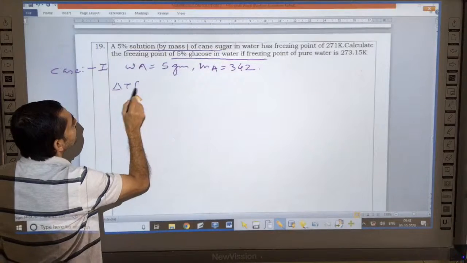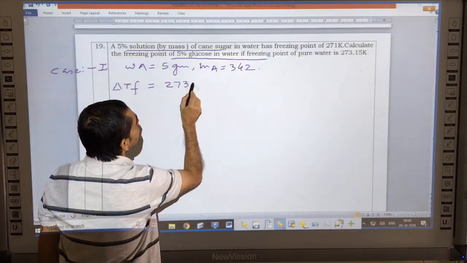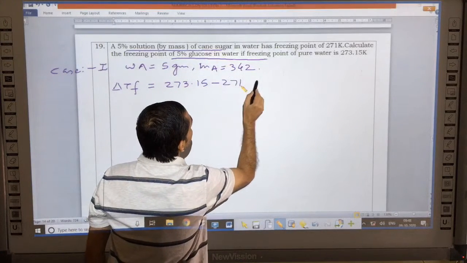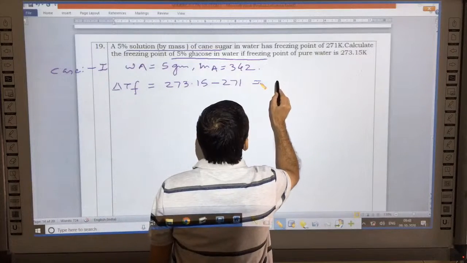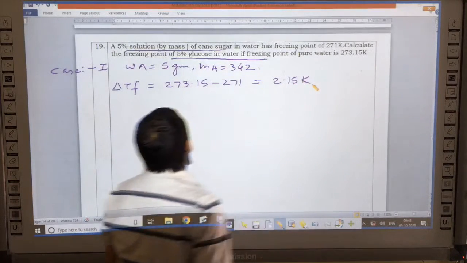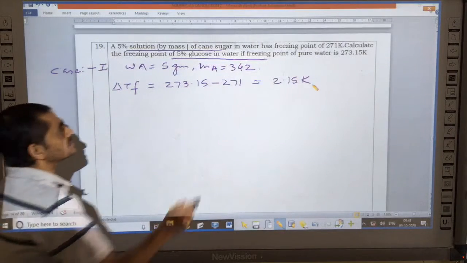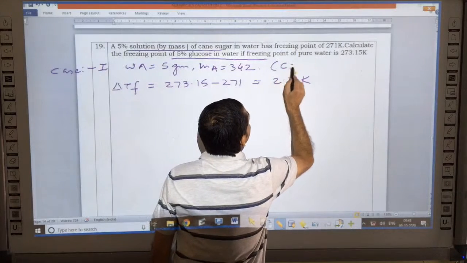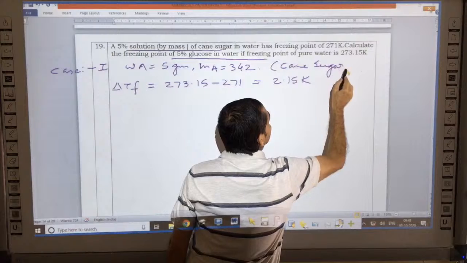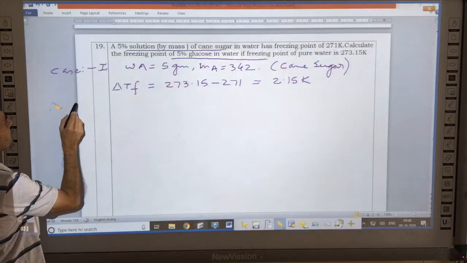Then from here we will calculate delta TF. Delta TF is equal to 273.15 minus 271, and this comes to be 2.15 Kelvin. This is for cane sugar. Okay, case 1. I am writing here for cane sugar. Cane sugar is sucrose. Then you make the formula for cane sugar.